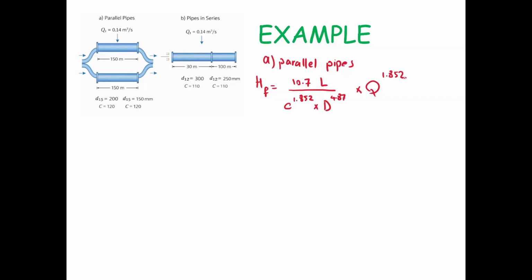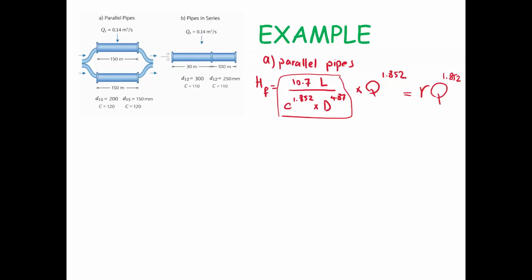You can start from scratch here, but I would like to make it easier. So I will call this whole package R, multiplied by Q. It's an extra step, but it causes less error in the solution.